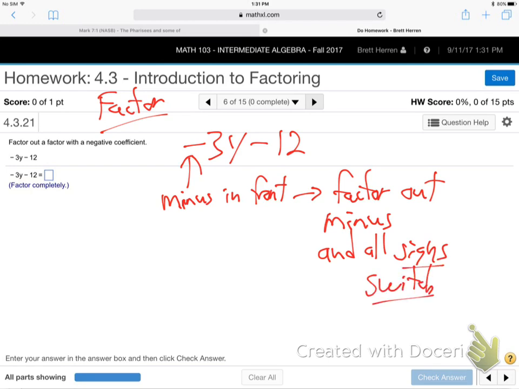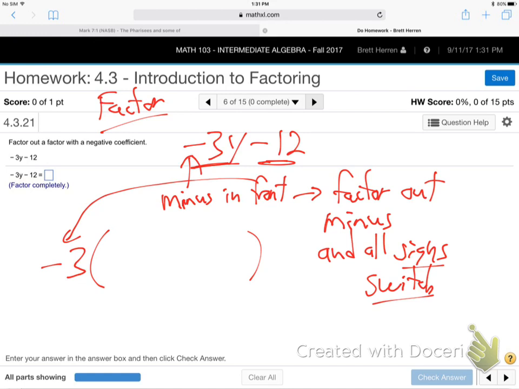So what goes into 3 and 12? 3. But I'm going to put minus 3 because the front term was negative. It's all about that front term. So if that front term is negative, you bring out a negative. And what that'll cause is all the signs inside the parentheses to switch.